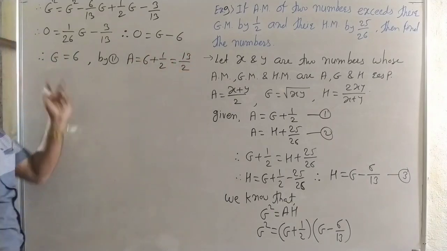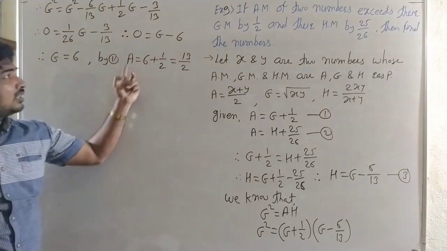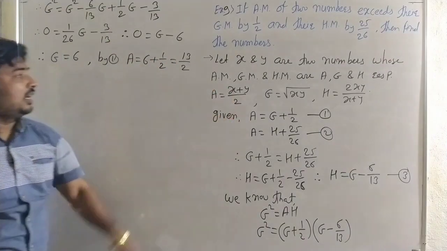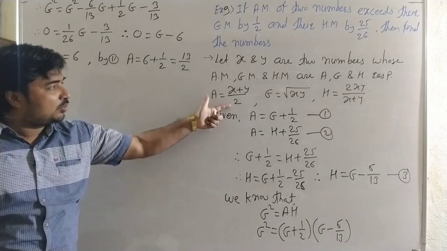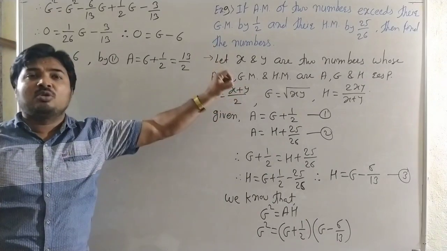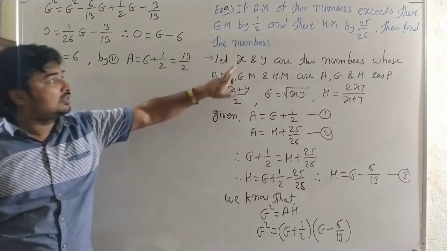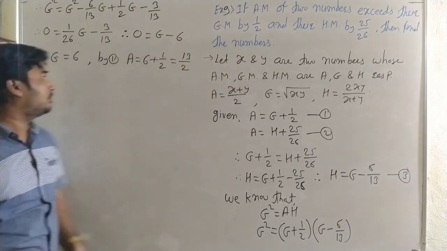See carefully this, geometric mean is 6, and arithmetic mean is 13 by 2 from this. And we know that arithmetic mean is x plus y upon 2, and geometric mean is under root of x into y. Here our target is to find the numbers, that is, find the value of x and y.